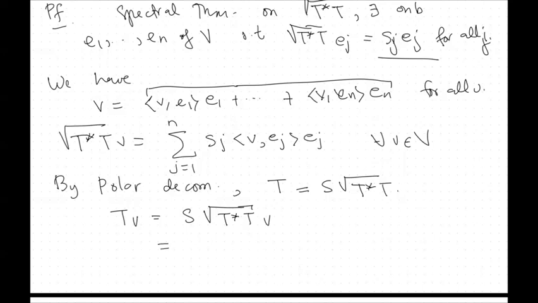It is just equal to, let me write this as a sum, sum i from 1 to n of s_i times the e_i coordinate of v, and then S e_i. This is true for each v in the vector space.